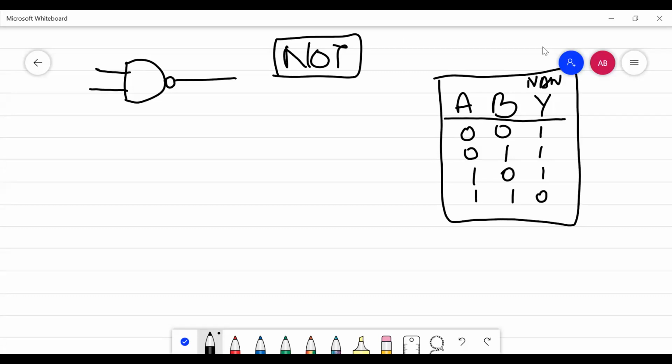So now just look here at these two inputs only. Here I have given 0 0 and my output is 1. Similarly, just check out the last one. You are giving 1 and 1 and the output is 0. If you just see clearly, when we are giving a low input, we are getting a high output.